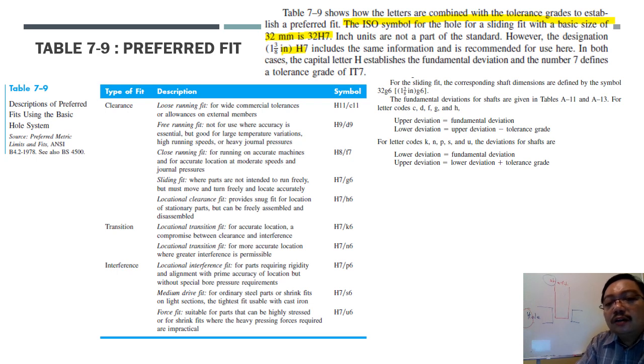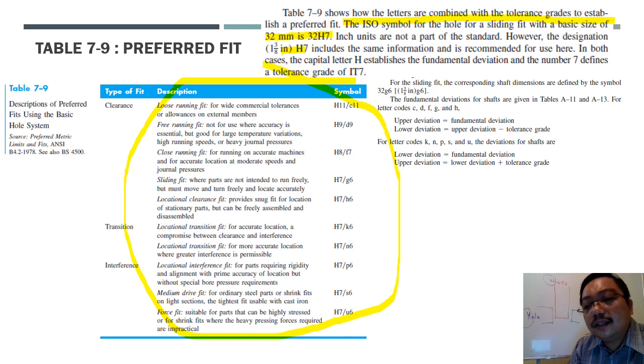So this is how you refer to a hole and a shaft by its designated symbol. When you read the symbol, you know what the shaft and hole look like in tolerance terms, and you have some overview of the image.